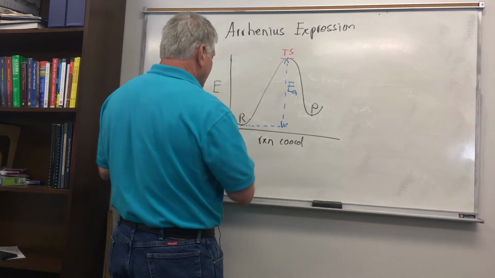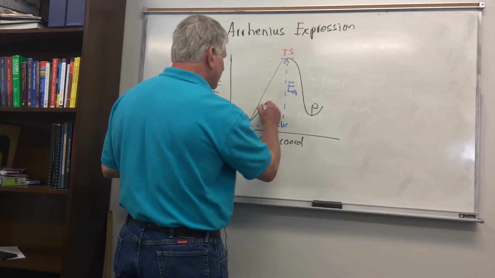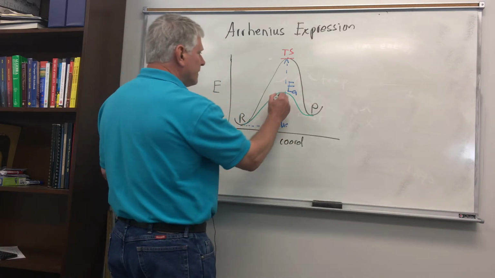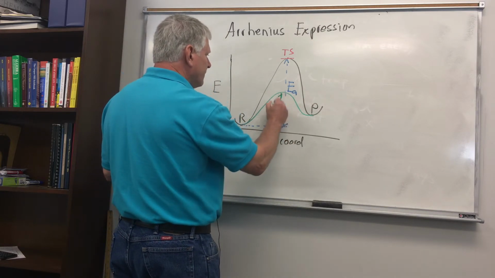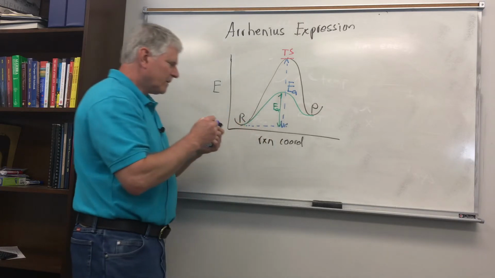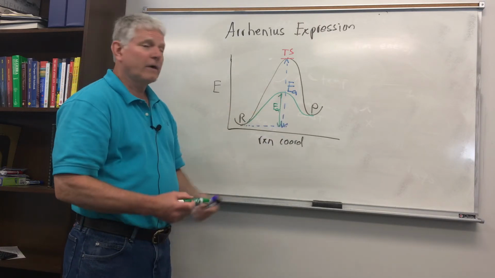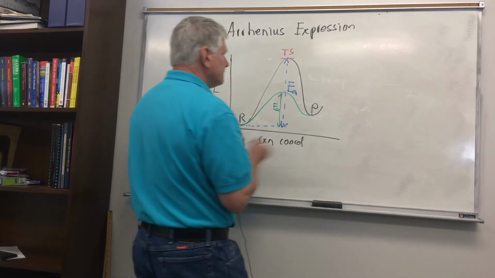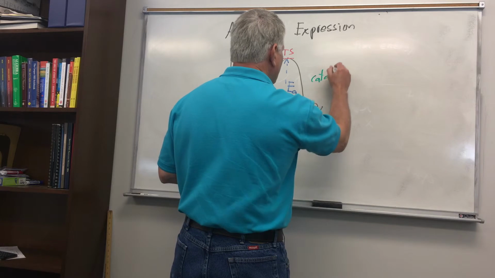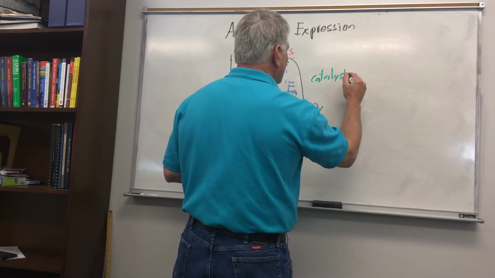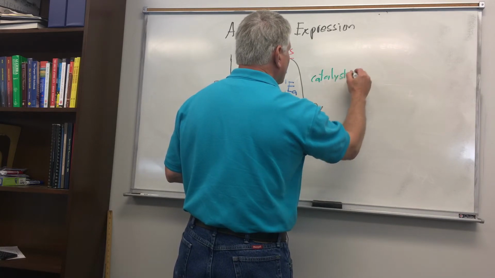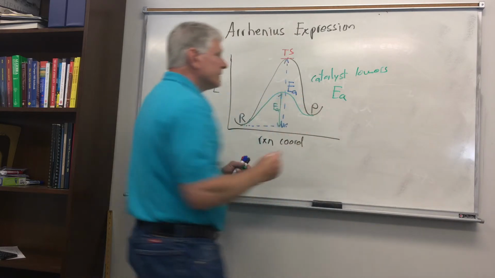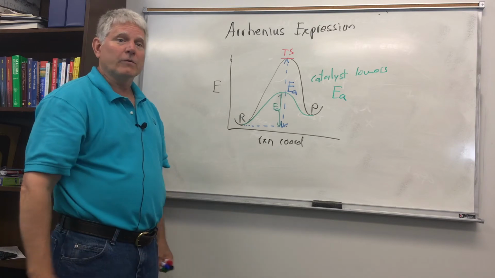So if we have a catalyst for our process, then we can lower the activation barrier going from reactant to product, so the reaction will occur more quickly. A catalyst lowers the activation energy for the reaction.